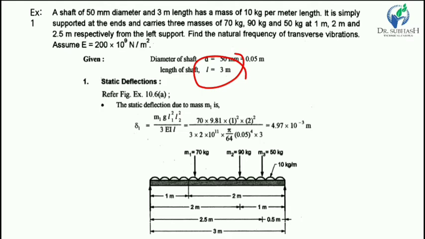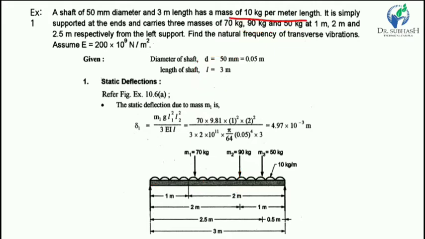It is simply supported at the ends and carries three masses of 70, 90 and 50 kg. The mass of 10 kg per meter length means the self weight of the shaft: one meter length of shaft has a weight of 10 kg.